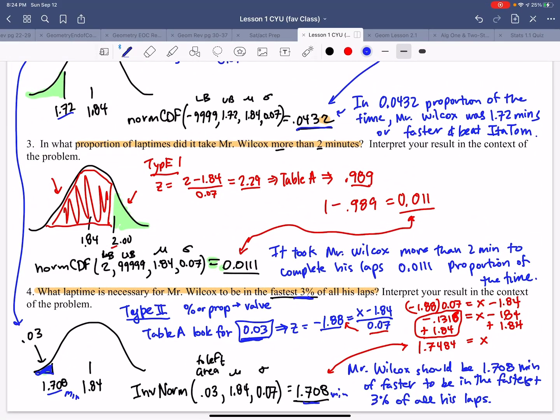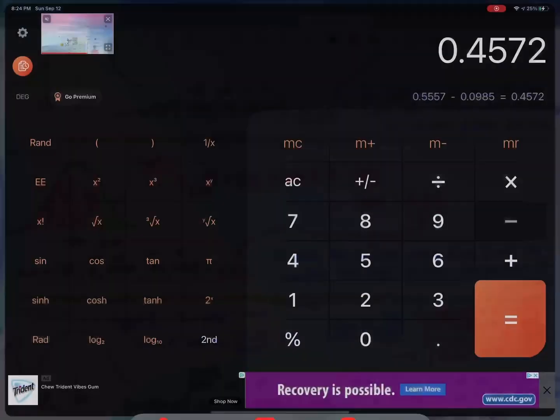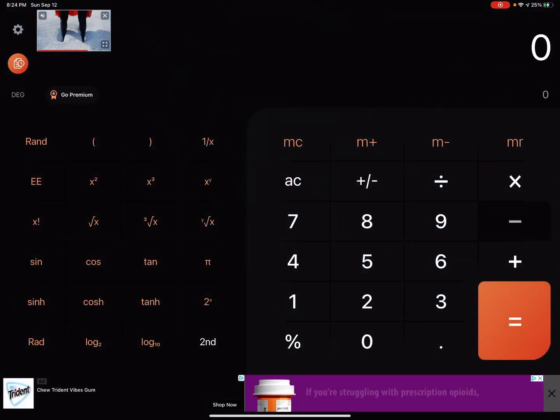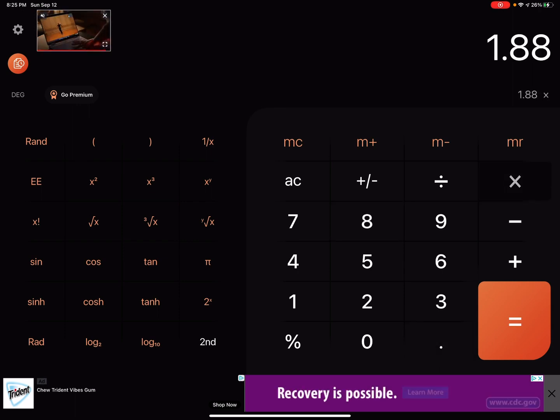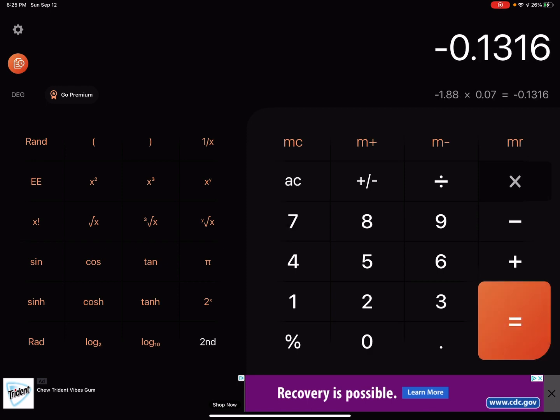All right, then we want to take that and multiply it by 0.07. And then we're going to add 1.84.